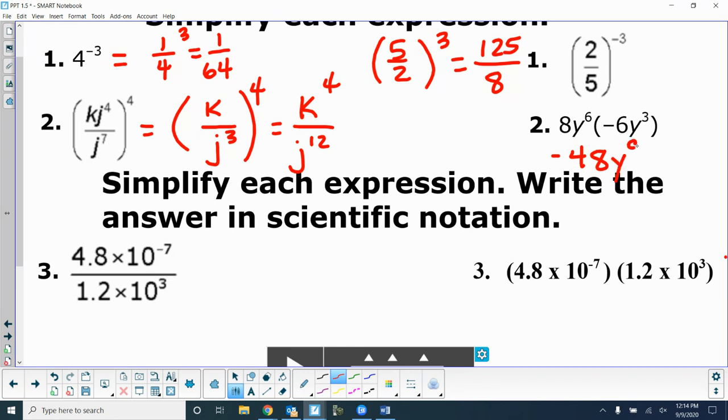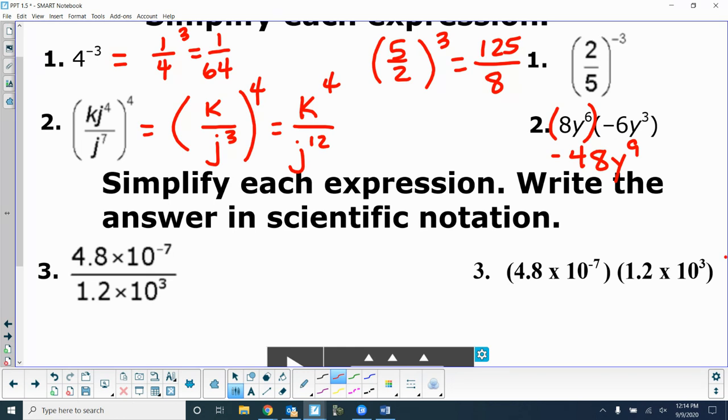Add them. So it's 9. Okay? So when there's exponents inside and outside, we multiply them, but if they're just outside, you just add the exponent. So understand the difference.